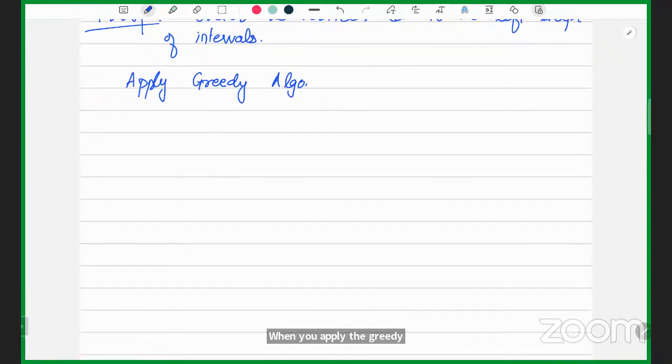When you apply the greedy algorithm, what happens is, suppose V is a vertex in your interval graph IG, which receives the value K. And K is the maximum color that is assigned through this algorithm.